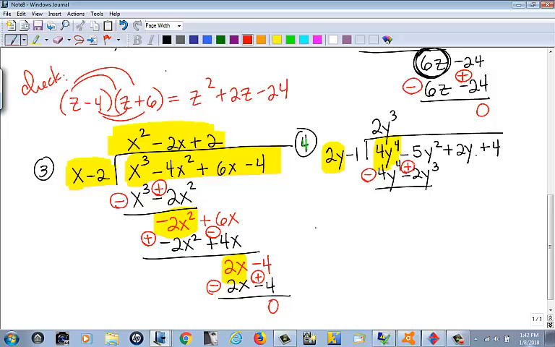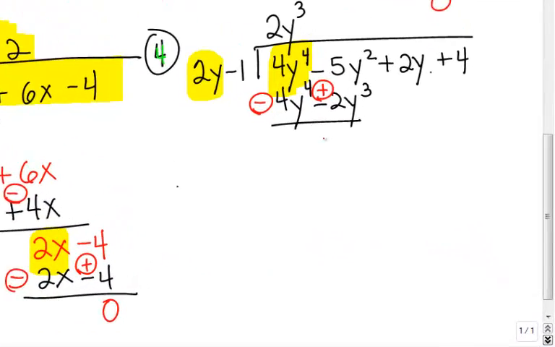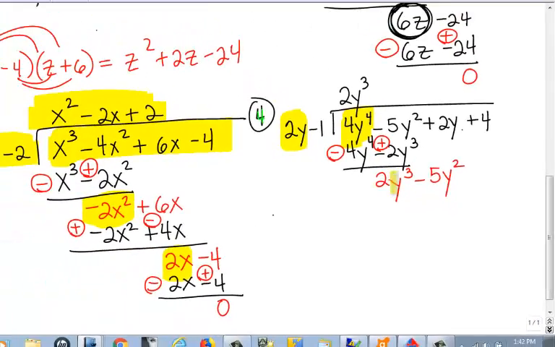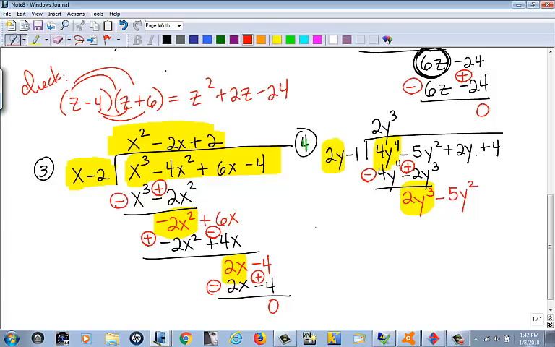First one should drop out. Right? Now, which is bigger, the cubed or the squared? Cubed. So bring it down first with that new sign. 2y cubed. Then bring down the next term, minus 5y squared. Okay? Now look just at the 2y out here and the 2y cubed. What do I need in my answer? Y squared. Just y squared, right?